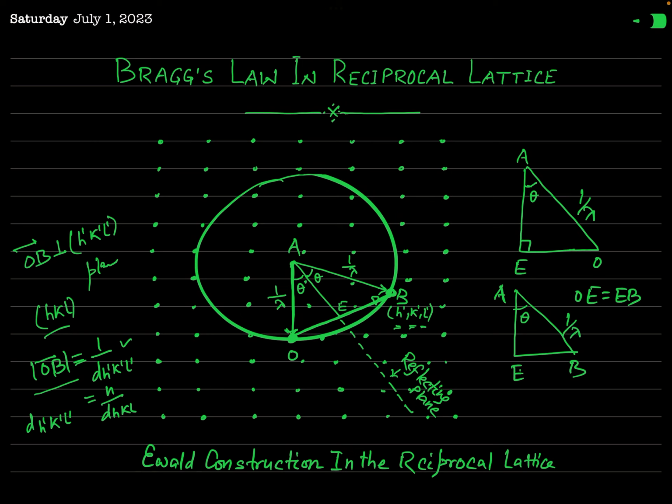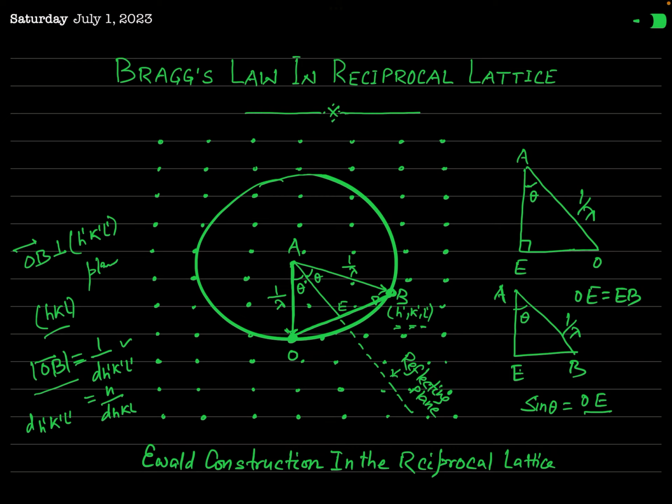From the geometry of this figure, if you want to find the value of sine theta from any of these two triangles, sine theta will be equal to OE divided by OA or AB.